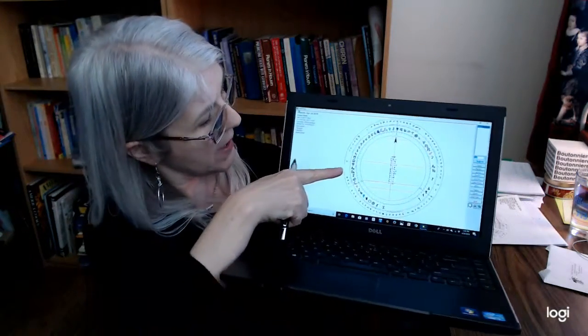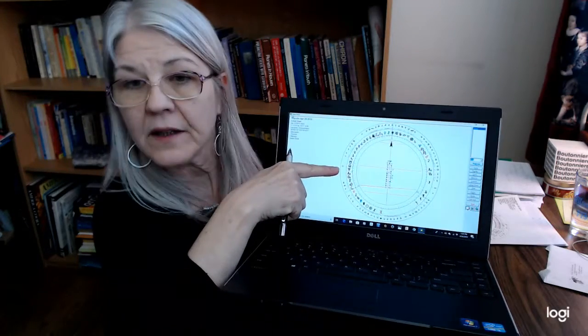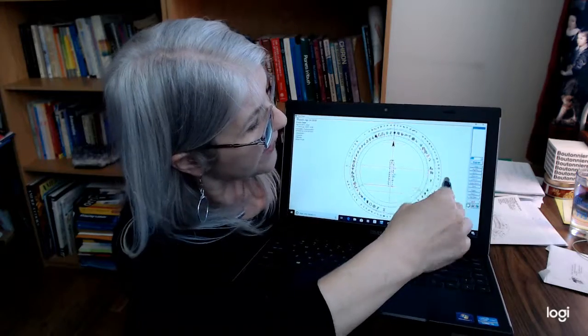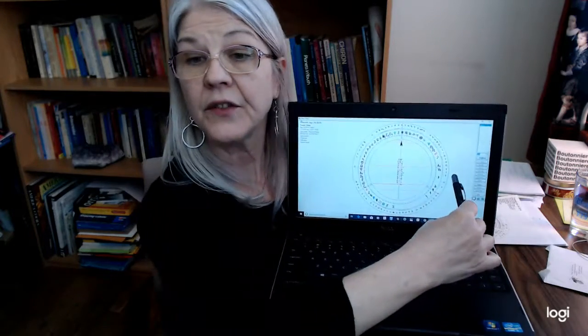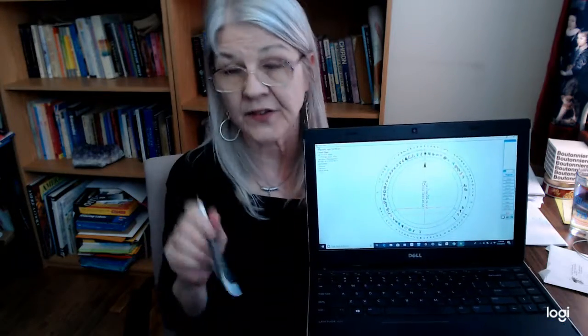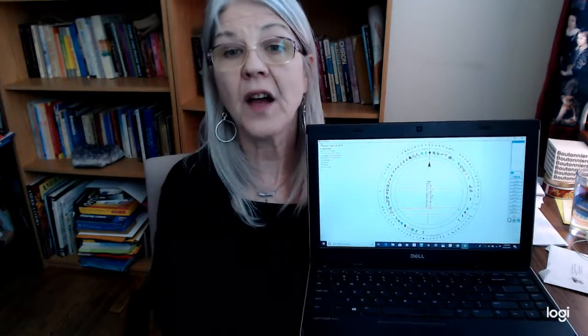Right below that line, you'd go straight across, and it comes out at the other end at about 7.5 degrees of mutable. So that will be our axis that we're going to work with today, the arms of the Aries Point.